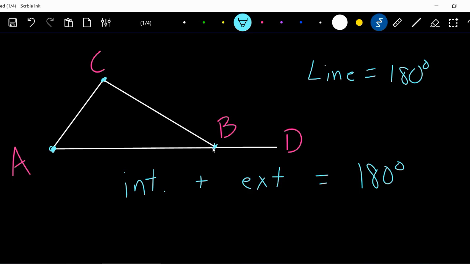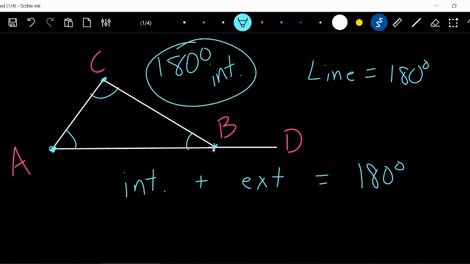Now that brings me to the next thing, which in the book is called an informal statement. An informal statement says that all triangles have 180 degrees. So if we add up this, plus this, plus this, on their interior, every triangle has 180 interior degrees, and that's very important for you to understand.